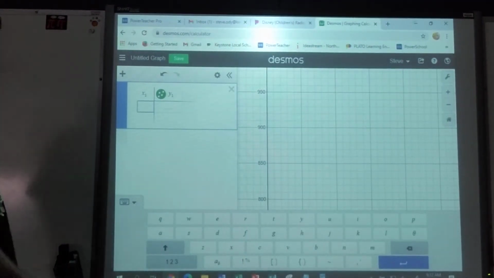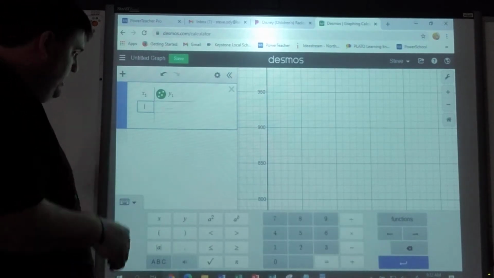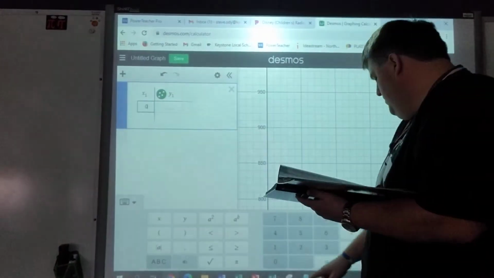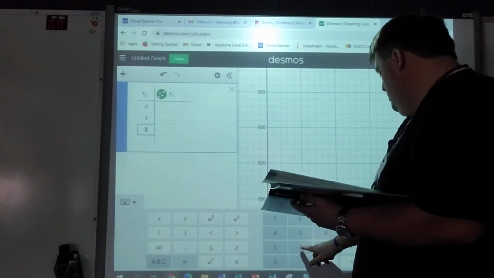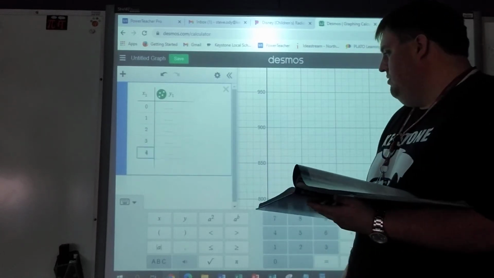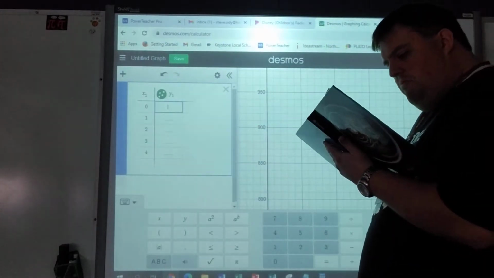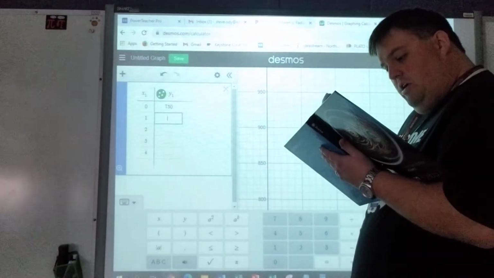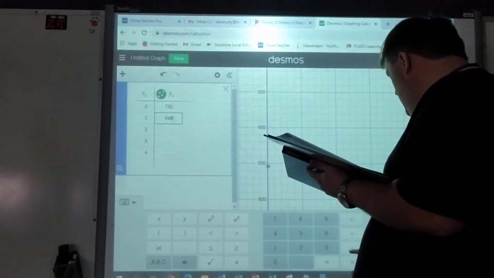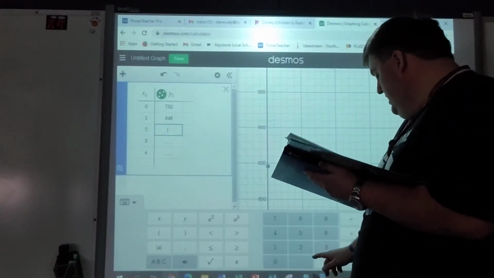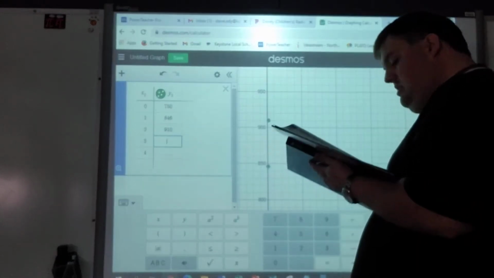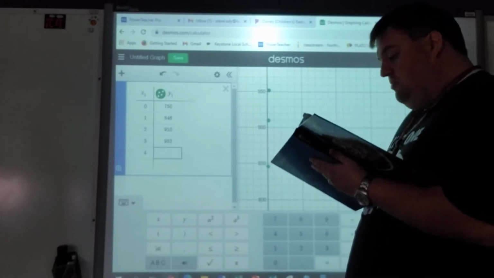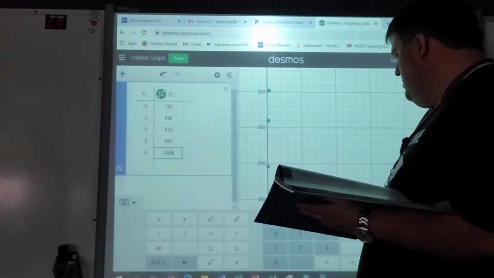And then I'm just going to use a set of data from your book here. So we got 0, 1, 2, 3, 4, and 0, 750. 1 is 846. 2 is 910. 3 is 952, and 4 is 1008.